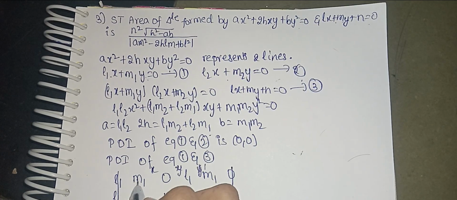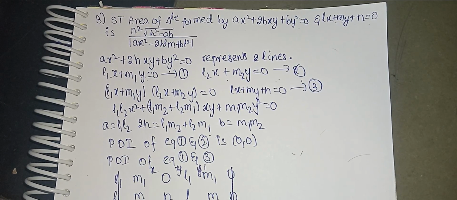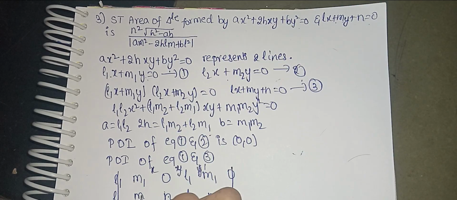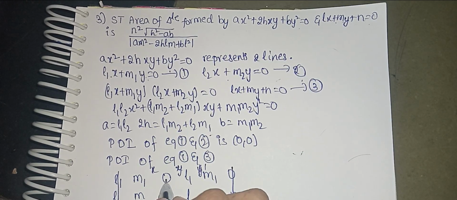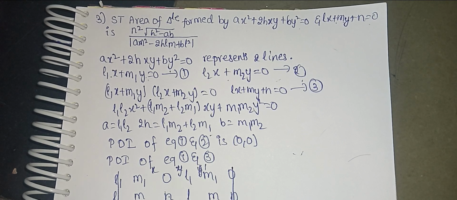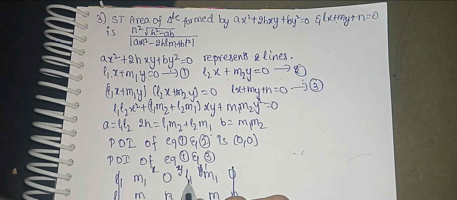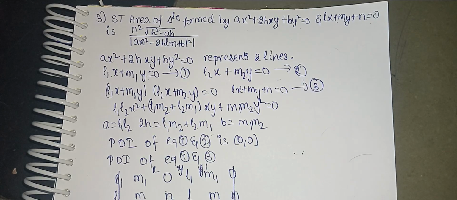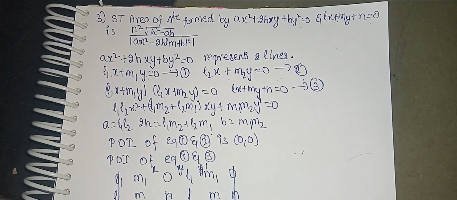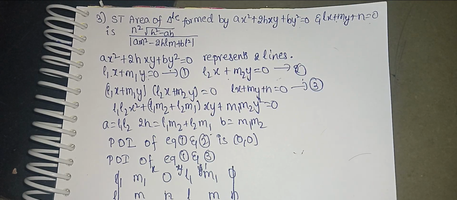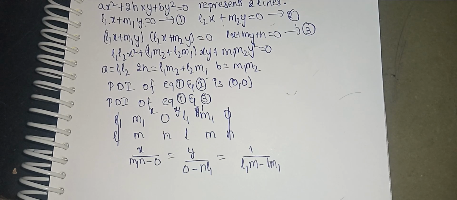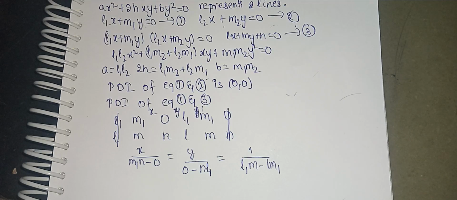Here x by m1 into n minus m into 0 is equal to y by 0 into l, meaning 0 minus n into l1, is equal to 1 by l1 into m minus l into m1. Like this we have to write.